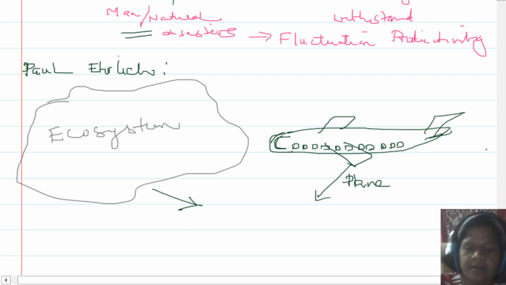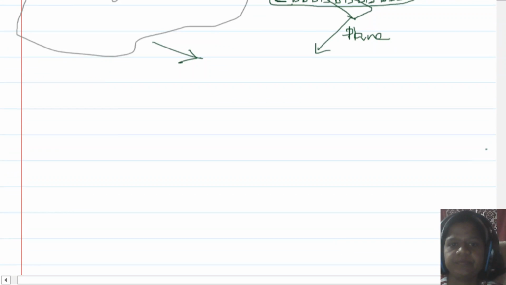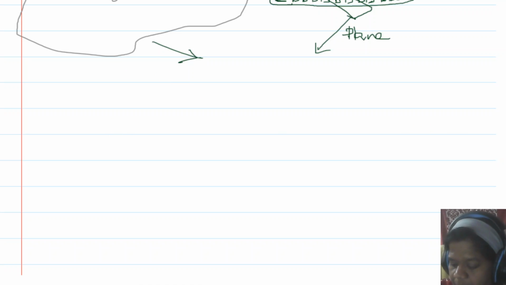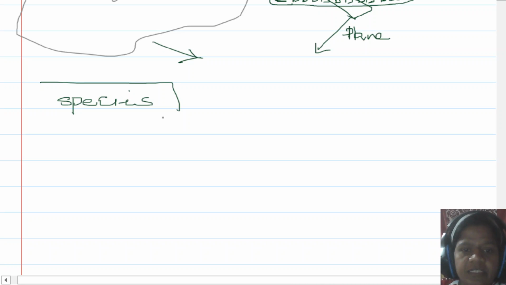So where does diversity come into this equation? Now he said an ecosystem consists of, what does it consist of? All the biological animals and plants, living organisms, right? Basically species. An ecosystem consists of different kinds of species in an abiotic environment.